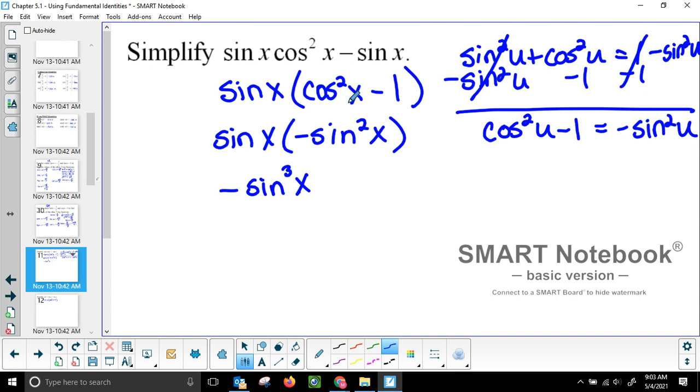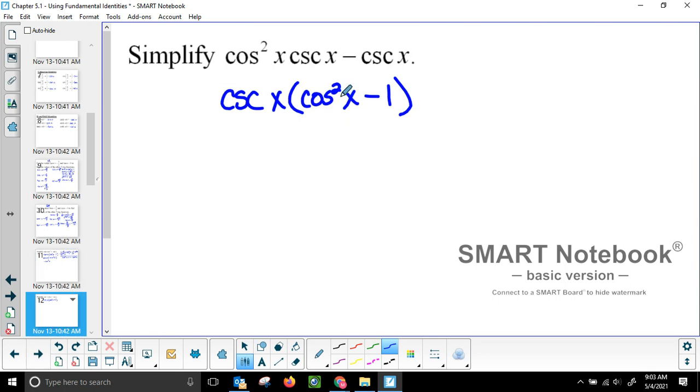That's exactly what I had here, so I know that's just going to be switched with negative sine squared x. Also, cosecant x is 1 over sine x, and this is negative sine squared x. Well, what do we think is going to happen if I have 2 sine x's in the numerator and 1 in the denominator?